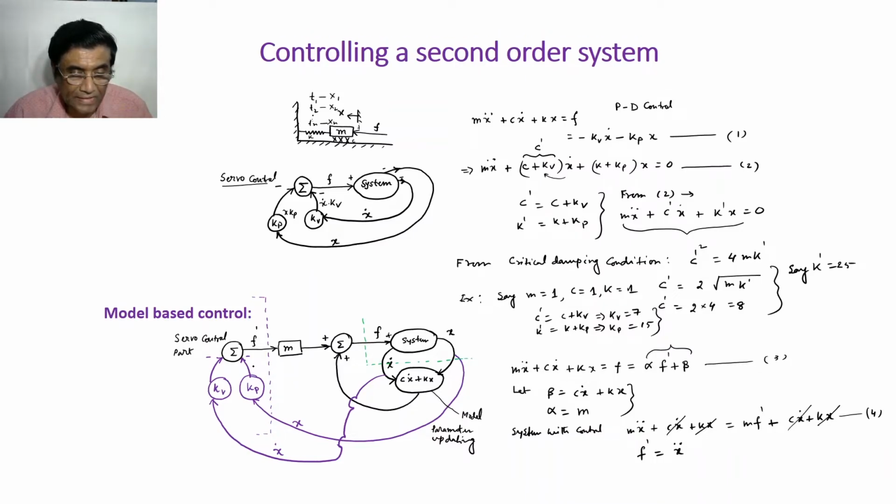So what is the signal here? Kp x, kv x dot, they are negative. So I can now see that, and tactfully putting m here, this signal is actually m a prime.